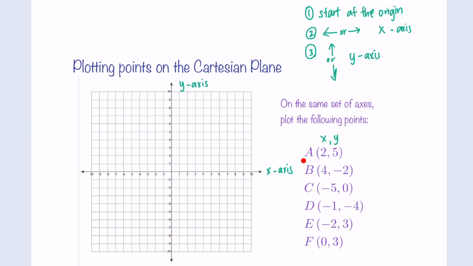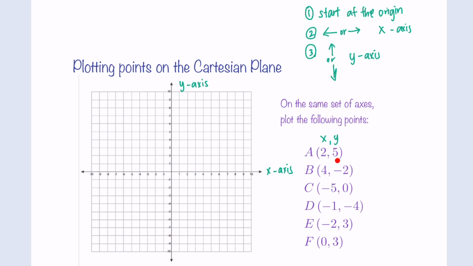First one, we have A. On the x, it is 2. The y coordinate is 5. Both of them are positive numbers. So we start at the origin. Then on the x, we need to move 2 steps positive. So we're moving 2 steps towards the right. Then on the y, we need to move 5, and this is positive.